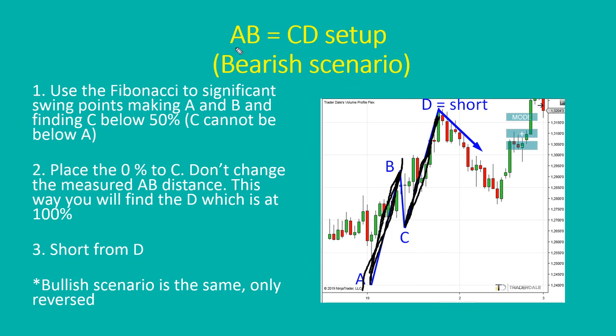That's why the setup has this name, AB equals CD, because those two distances are the same. And from D, you go short. An important thing is that the C doesn't go past the A, otherwise it would be invalid. So this was the bearish scenario.